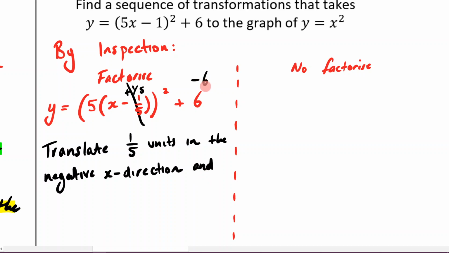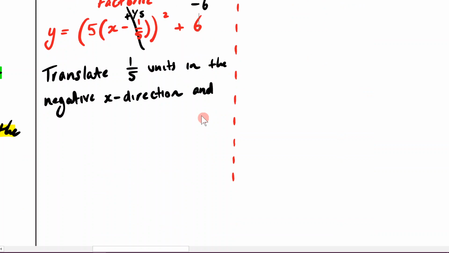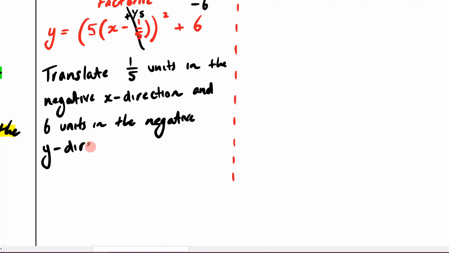I'm also going to move it 6 down. So, 6 units in the negative y direction. Perfect.